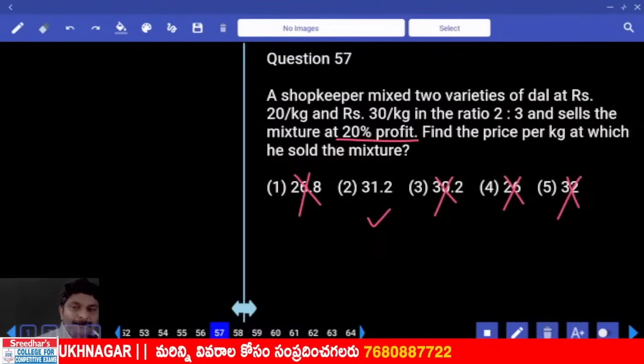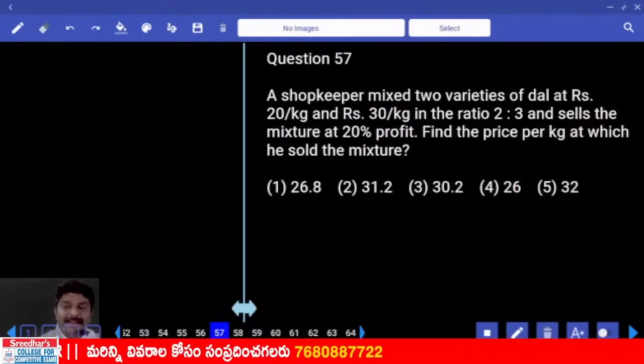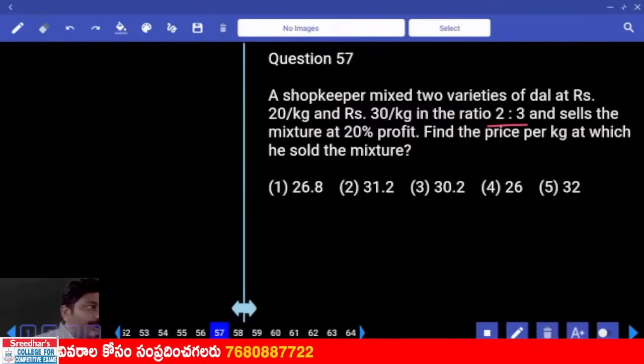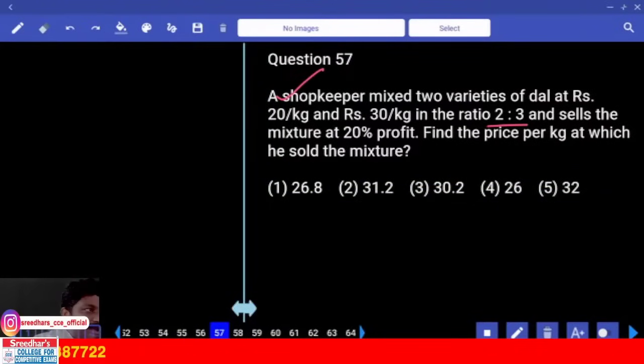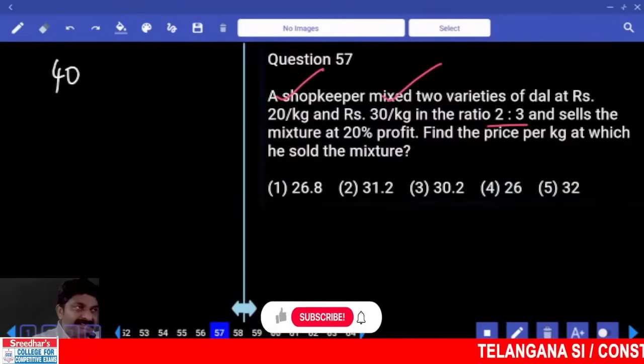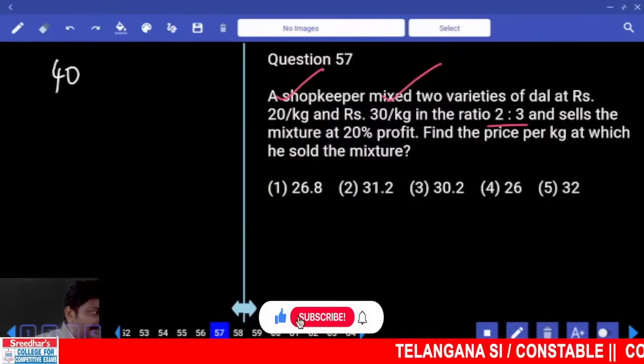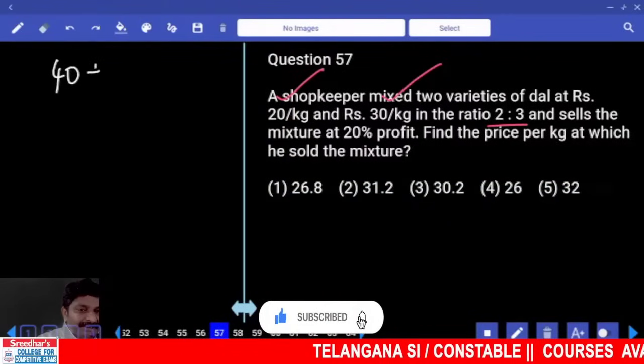Second, final. If you want to calculate, let's take ratio 2:3. 2 kgs of first variety, 3 kgs of second variety. First variety price is 20. Like that we have 2 kgs. Total cost 40. Second variety 3 kgs. Total price 30 into 3, that is 90.